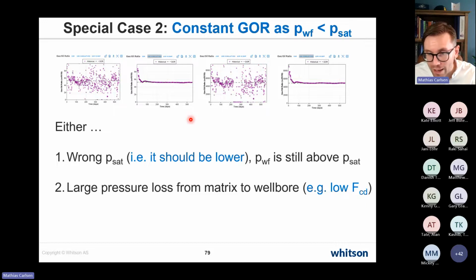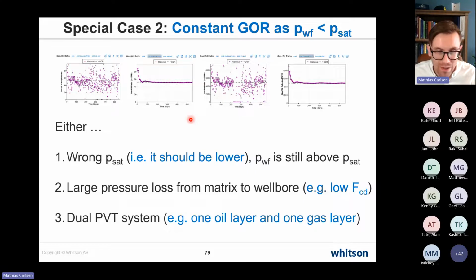And then we have a case which is also interesting, and I think it is a very viable explanation in a lot of basins, where you're actually dealing with a dual PVT system, or one or more fluid systems feeding into the same wellbore.